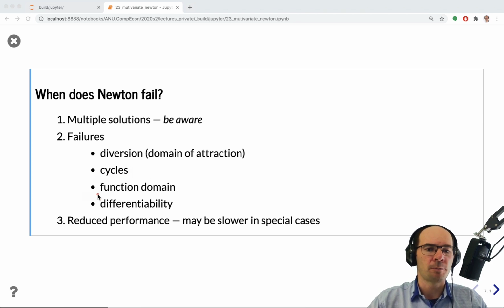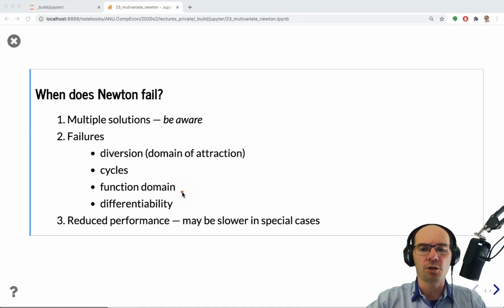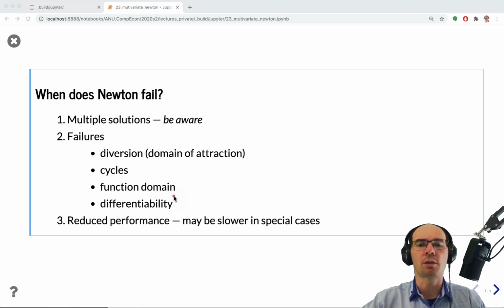We'll look at that. Now, the function domain can be limited, and that may present problems for Newton method because we have to calculate the function at each approximation while doing the iterations of the Newton method. Then we need to be able to calculate the function.